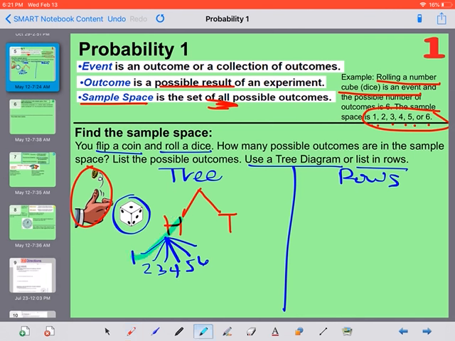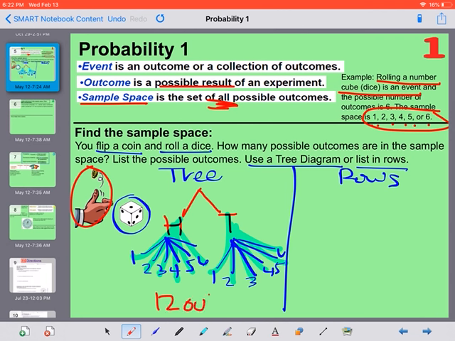You could get a heads and a 1, heads and 2, heads and 3, heads and 4, heads and 5, or heads and 6. Or if you get a tails, you could still roll any of those numbers. We could get a 1, a 2, a 3, a 4, a 5, or a 6. So there are 6 choices with heads and still 6 with tails. So altogether, there are 12 outcomes. Our sample space has 12 possible choices.